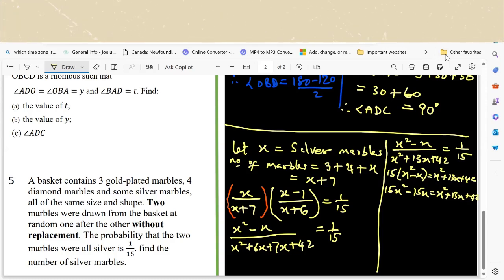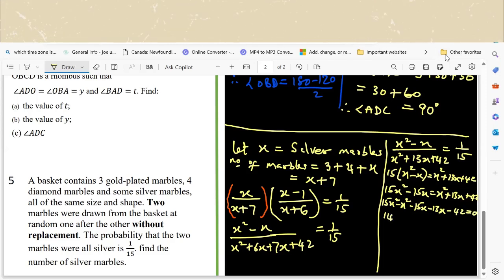Now, if we collect like terms, we have 15x squared minus x squared, then minus 15x minus 13x, then minus 42 equals 0.